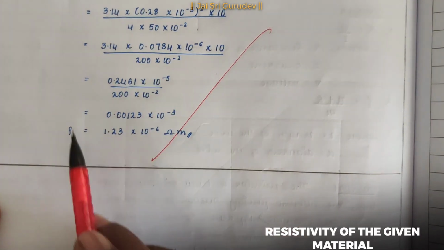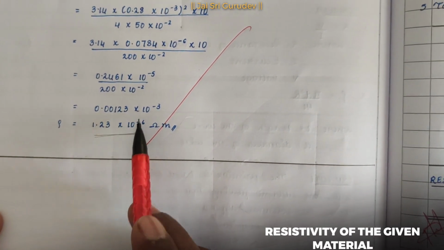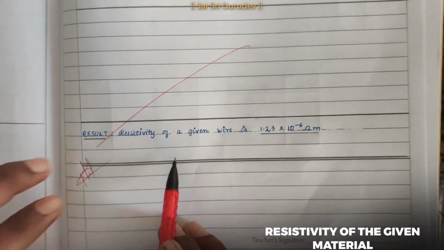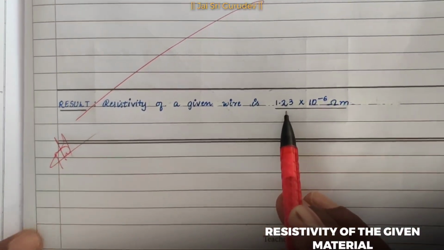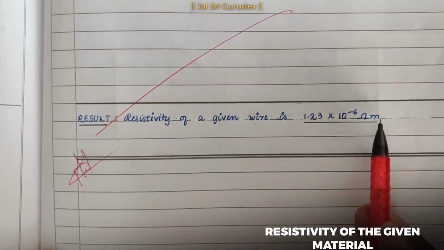After the calculation, we'll get the resistivity as 1.23 into 10 power minus 6 ohm meter. So this is the resistivity of the given wire, which is 1.23 into 10 power minus 6 ohm meter.